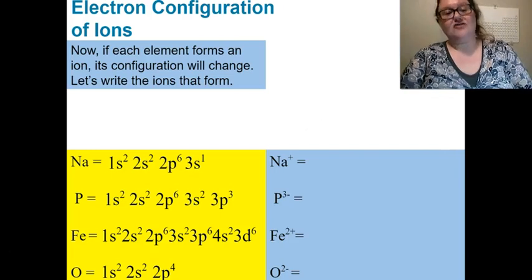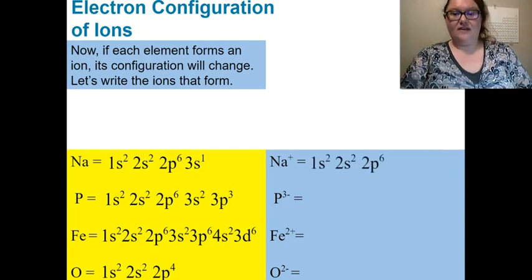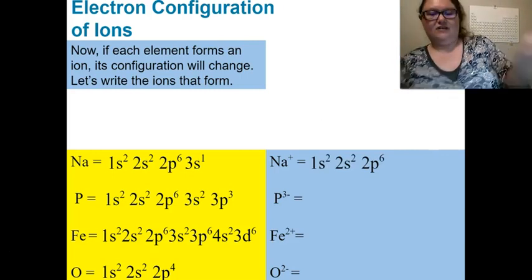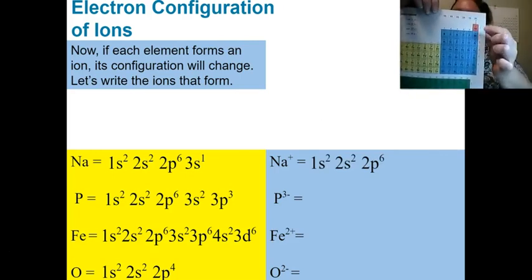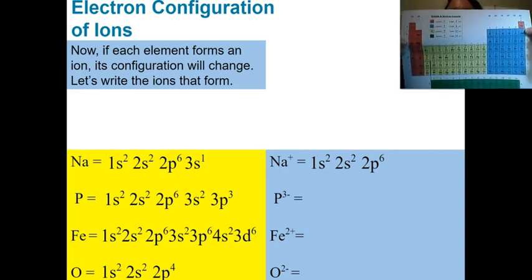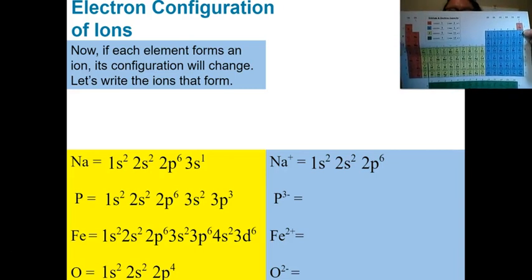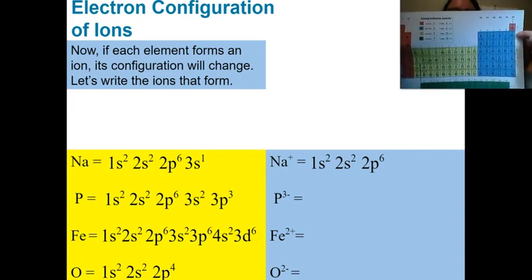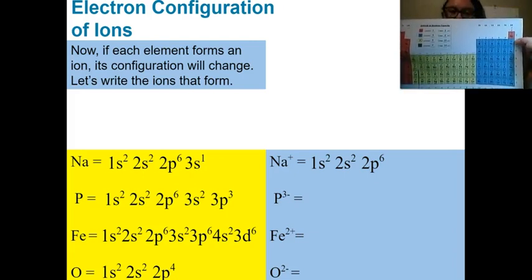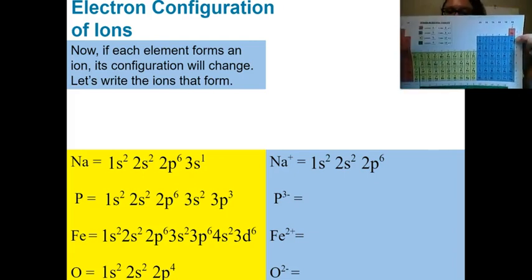It would become a plus charge because it lost an electron, and it would have the configuration of, drum roll, neon. Sodium is here. If it loses that 11th electron, it's going to have 10, which is the noble gas, neon, which comes right before sodium.